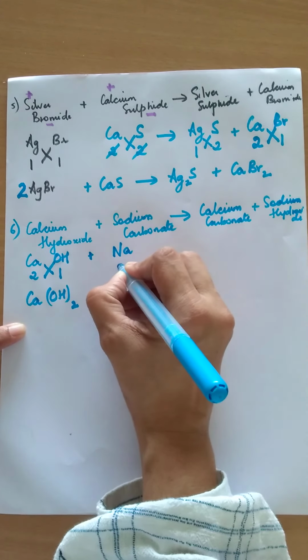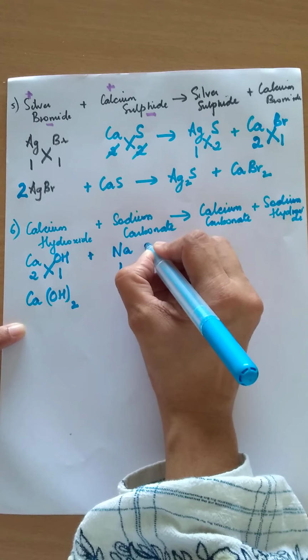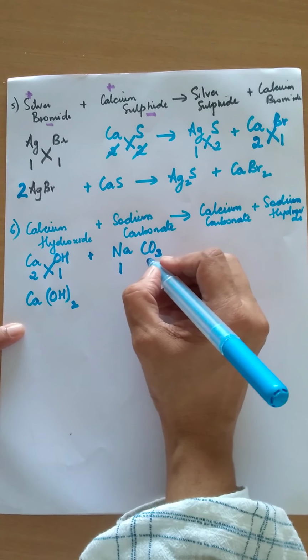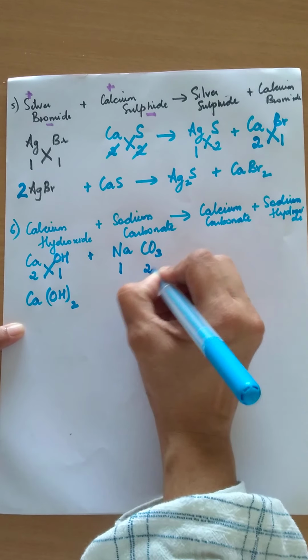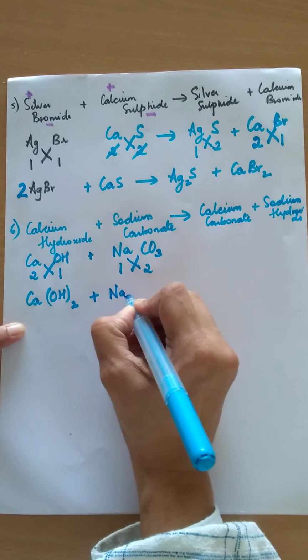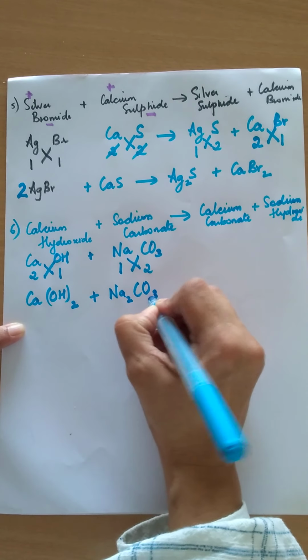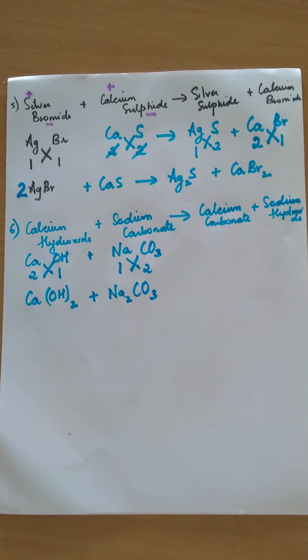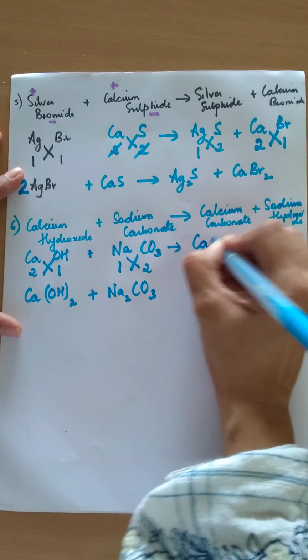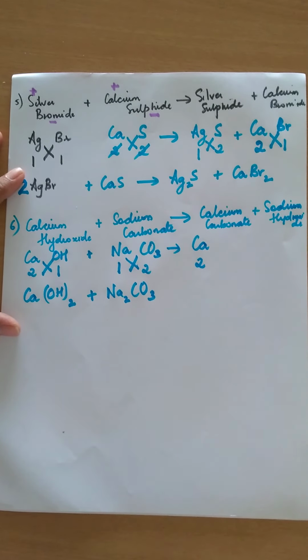Sodium is Na, valency is 1. Carbonate is CO3, valency of carbonate is 2. So after you cross multiply, you get Na2CO3 and multiply by 1, so you don't have to put it in the bracket. Gives Ca, valency 2.